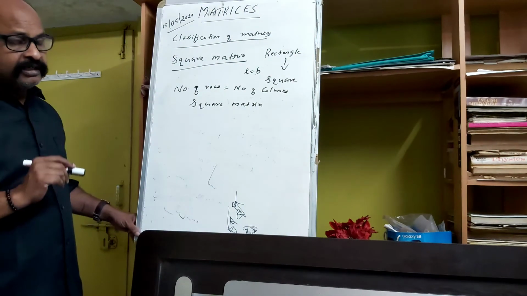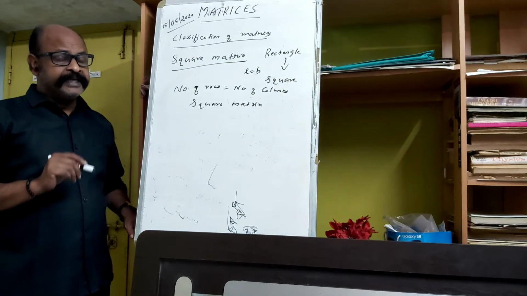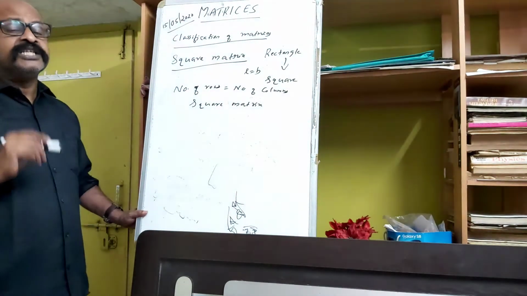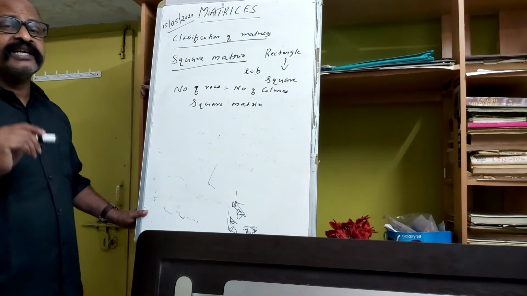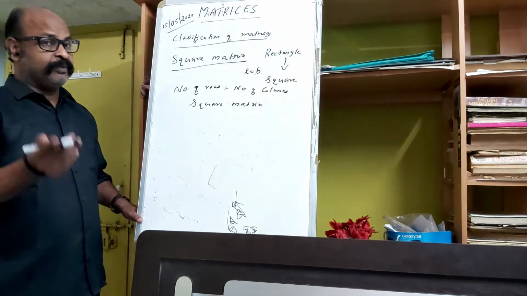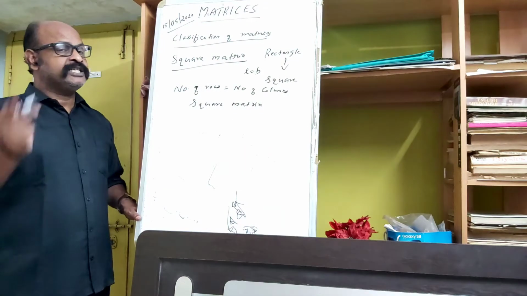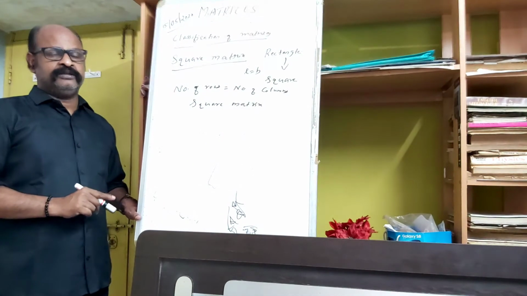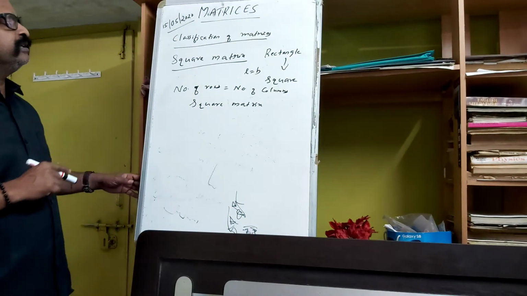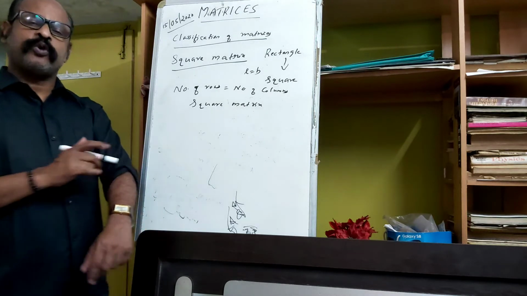As I mentioned earlier, the reason for the name square is there in the definition itself. What's the reason? Number of rows, equivalent to length in a rectangle, is equal to number of columns, which is the breadth. So a matrix having an equal number of rows and columns is known as a square matrix.